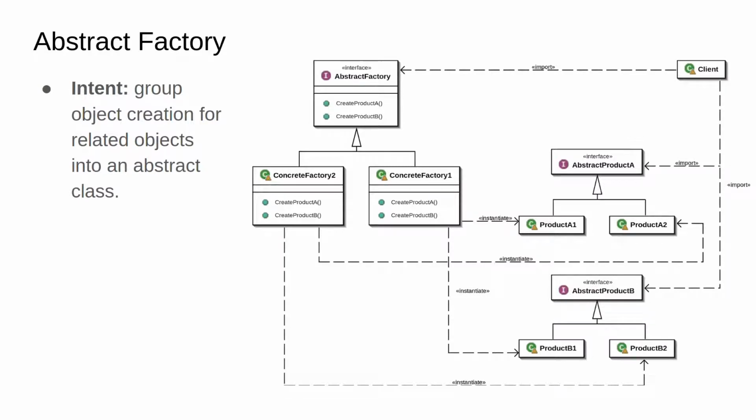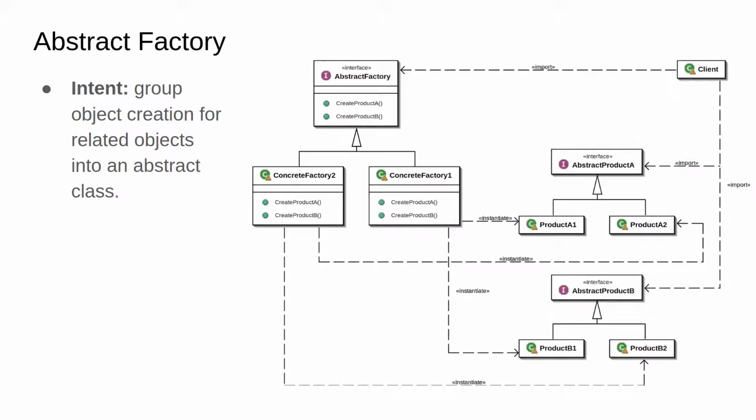Okay, so think of it this way. Suppose you want to build a room, and a room should have a bed and a sofa and a table. And you can have two factories.